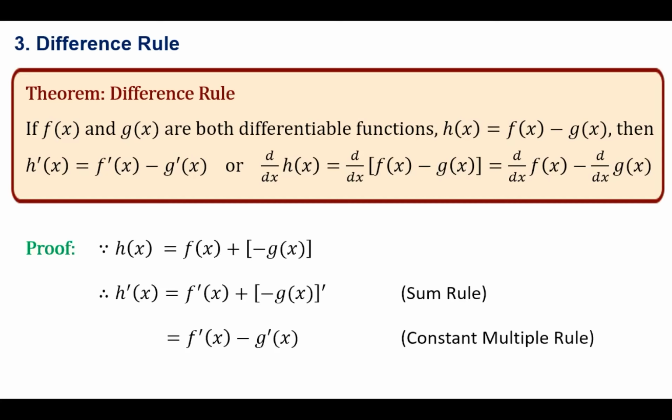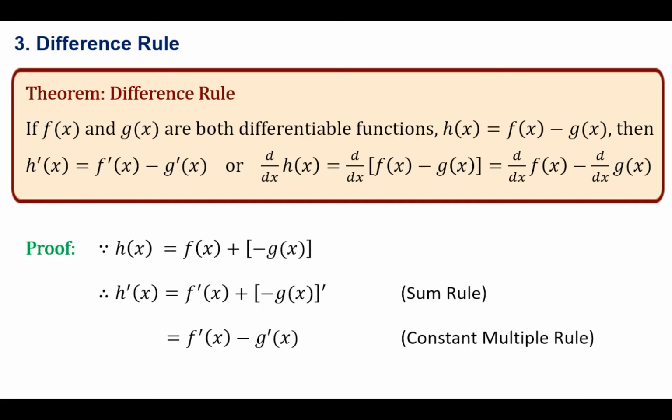We can prove this by using the sum rule, which states that the derivative of the sum of two functions equals the sum of the two derivatives. Because h(x) is f(x) minus g(x), which can be written as f(x) plus negative g(x), we have the derivative of h(x), according to the sum rule, equals the derivative of f(x) plus the derivative of negative g(x).